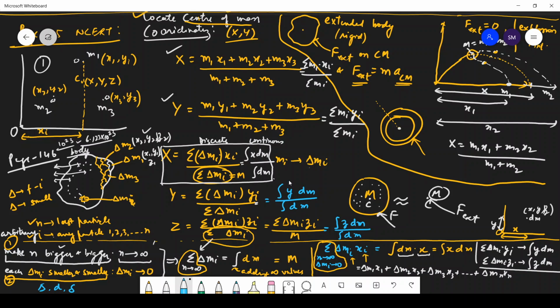So students, these are the only two simple things. You can always write in this way. First write this way, you will never get confused. Write m i x i upon delta m i, and then write this formula in continuous form. Is this clear to everyone? Yes, sir.